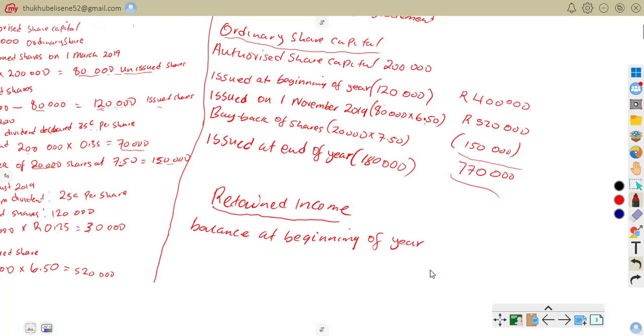How much is the balance of the retained income at the beginning of the year? So let's quickly go and look at the balance at the beginning of the year.